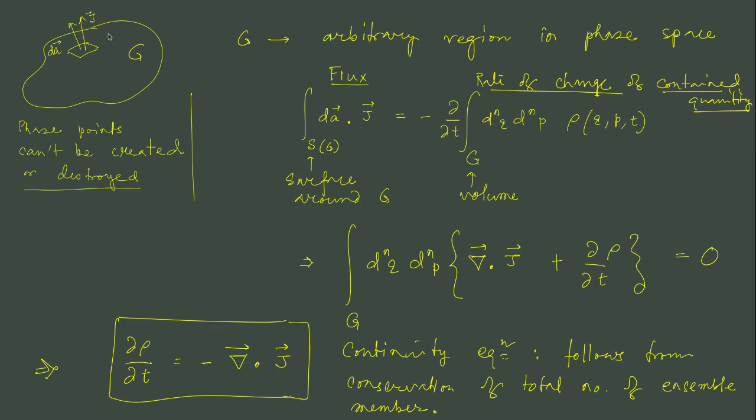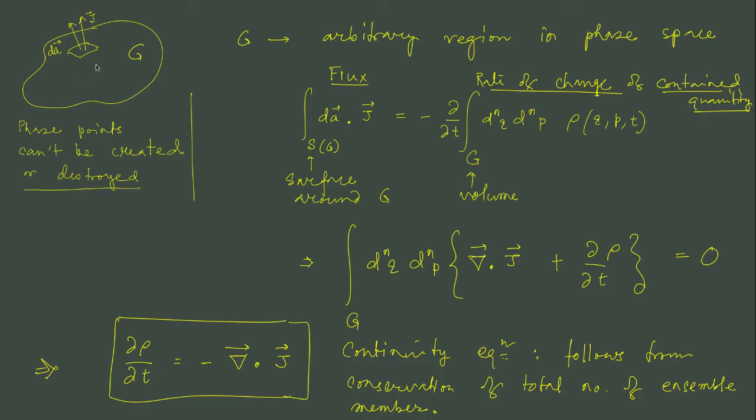This current density can easily be used for calculating the flux. For example, in phase space, we consider a volume G, and we would like to know how many phase points are leaving this volume.